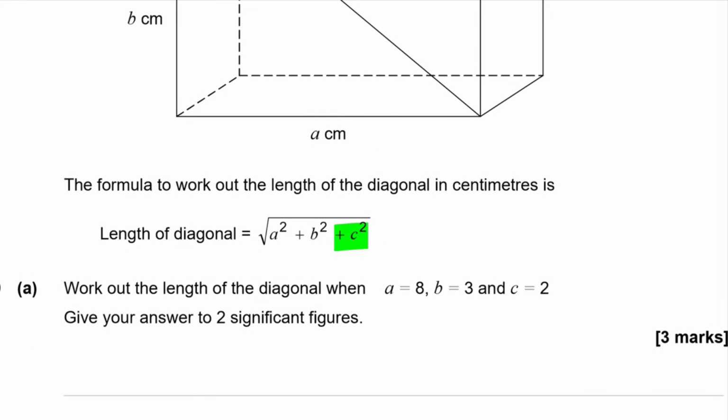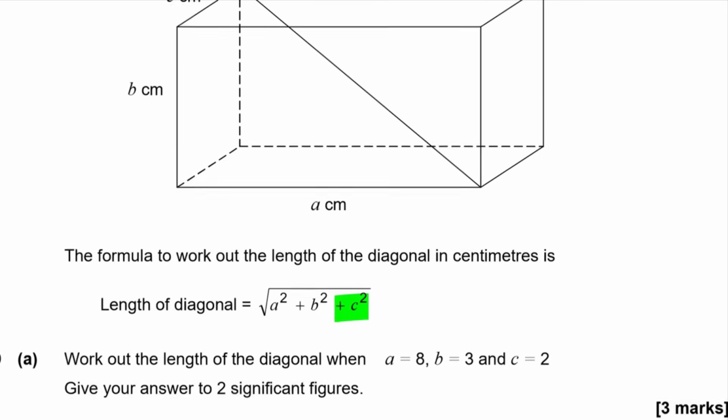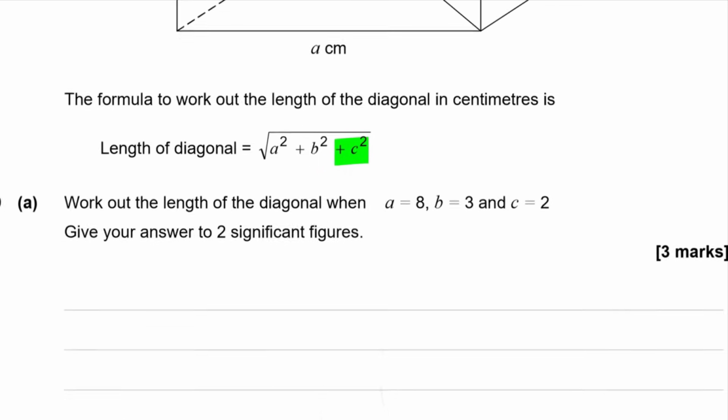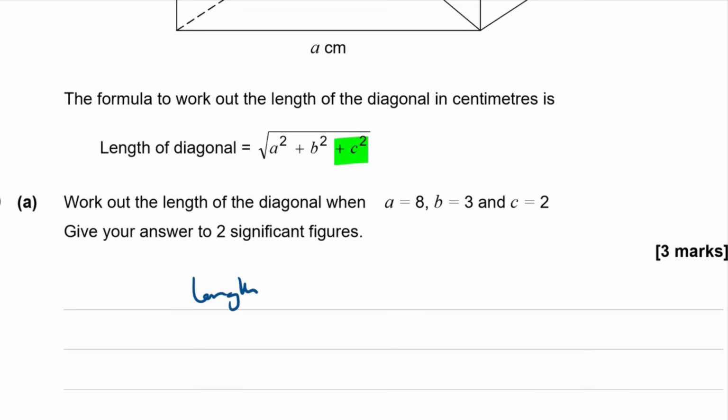Work out the length of the diagonal where A is 8, B is 3, and C is 2. We just need to put those numbers then into the calculation and work it out. So length is equal to the root of A squared, 8 squared, plus B squared, 3 squared, plus C squared, 2 squared.